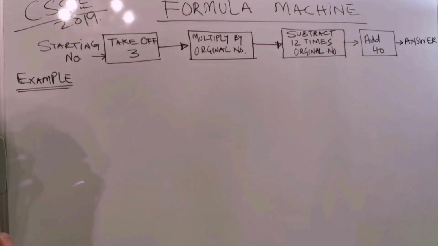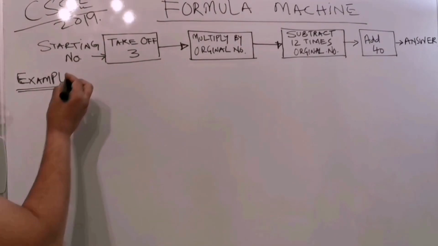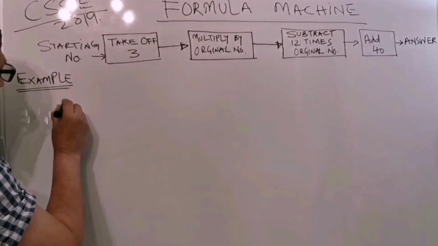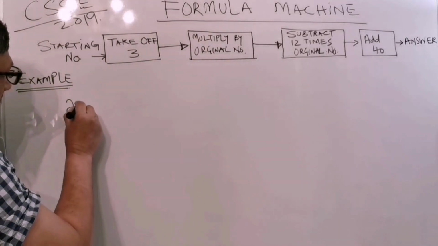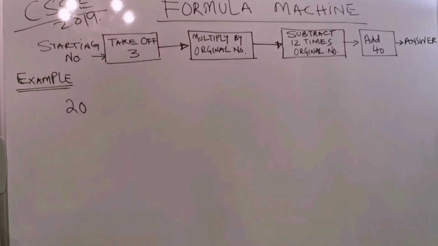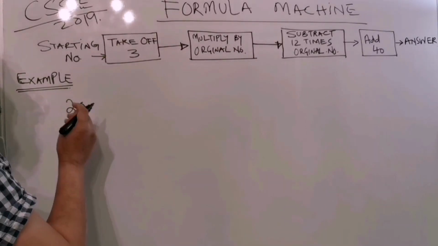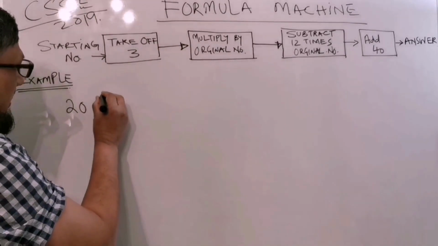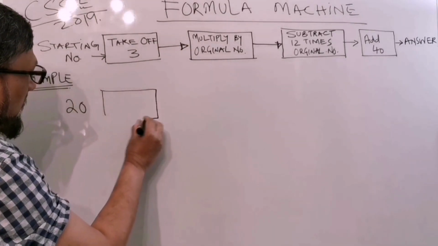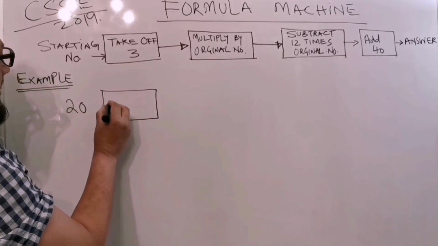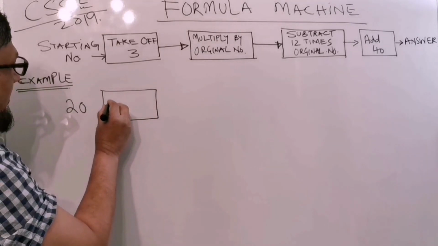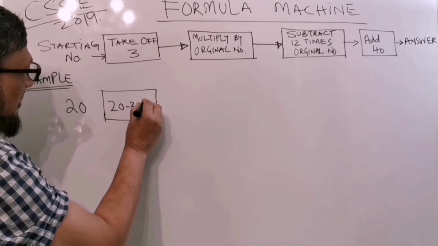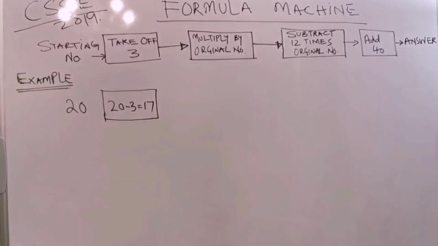For example, if the starting number is 20, in this box we take off 3, so 20 minus 3, which is 17.